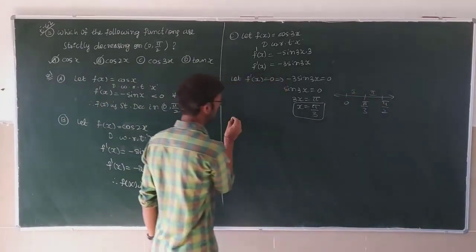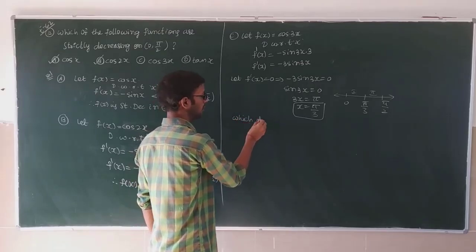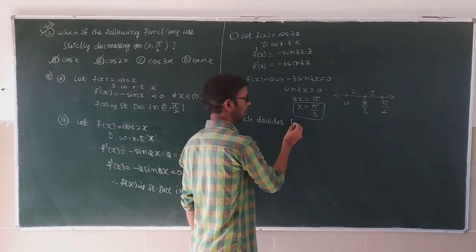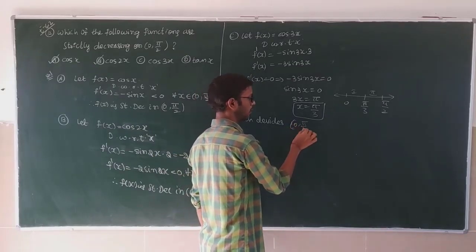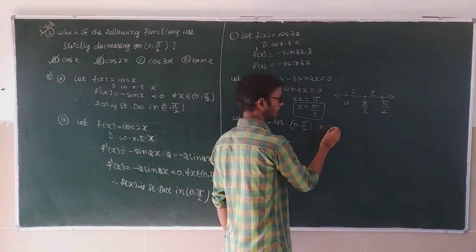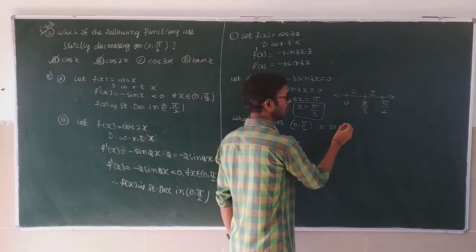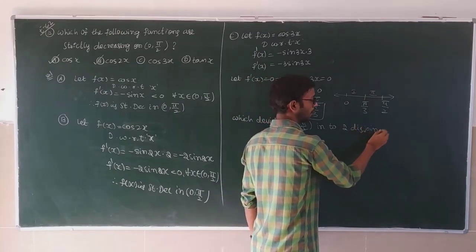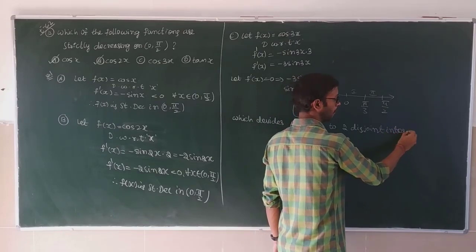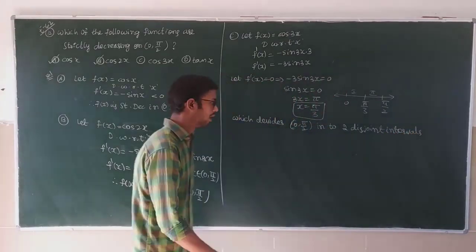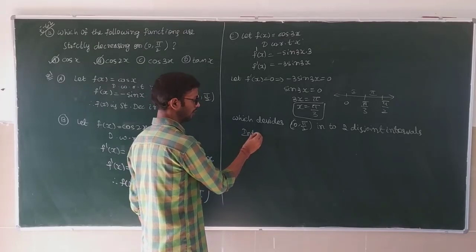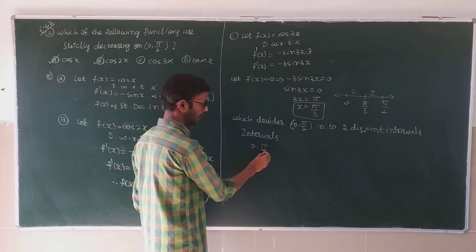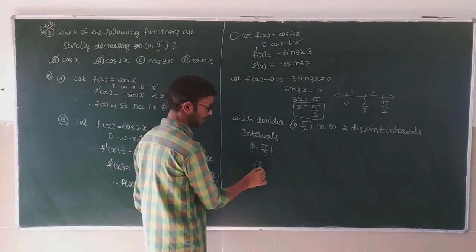Second part, which divides the open interval 0 comma pi by 2 into two disjoint intervals. I am writing the intervals: 0 comma pi by 3, pi by 3 comma pi by 2.